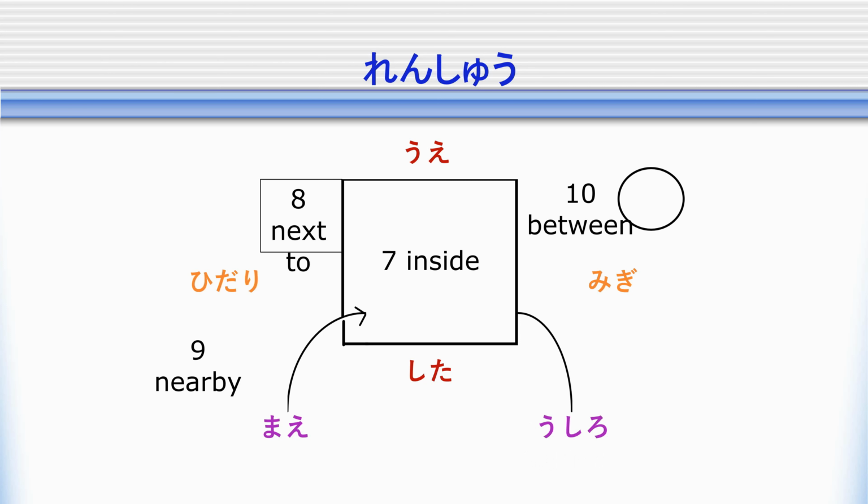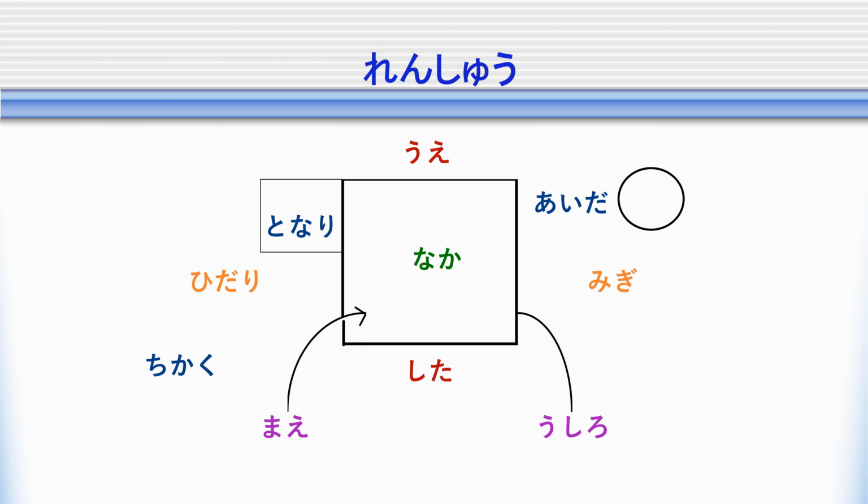Ushiro. Number 7, this is a new one that you can find on your vocab list. Naka. Naka means inside of. Number 8, tonari. Number 9, chikaku. And number 10, aida.